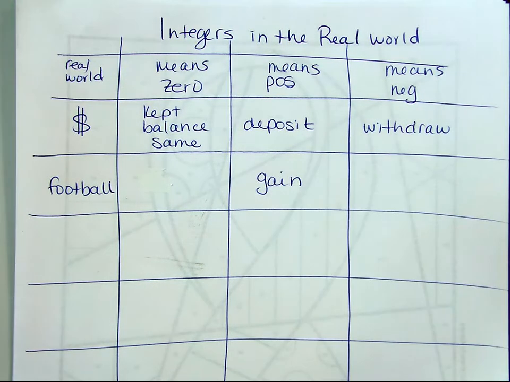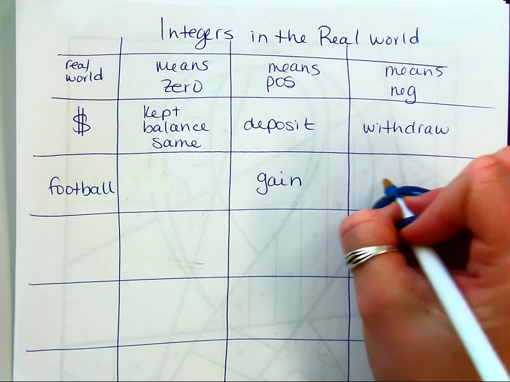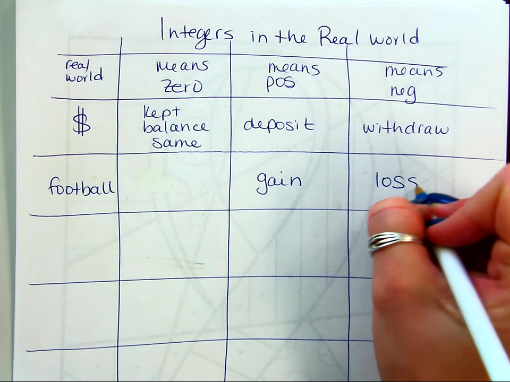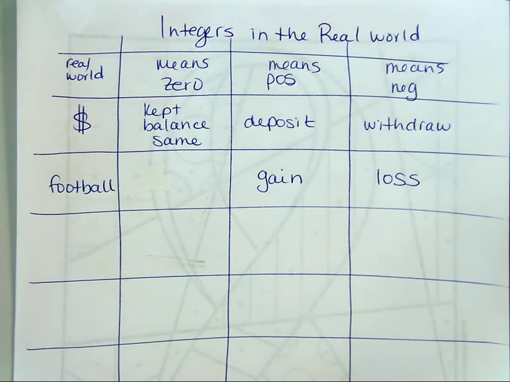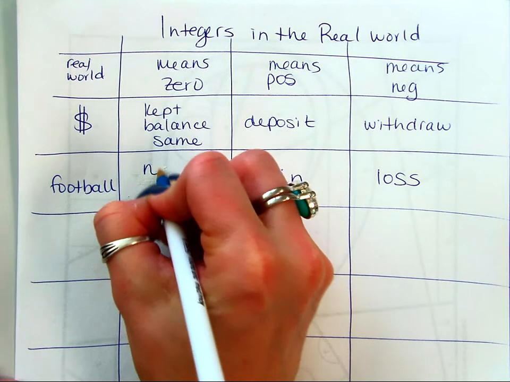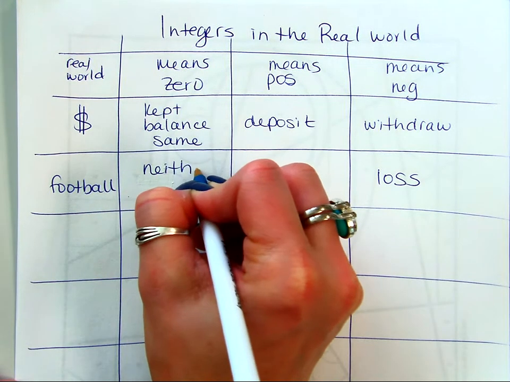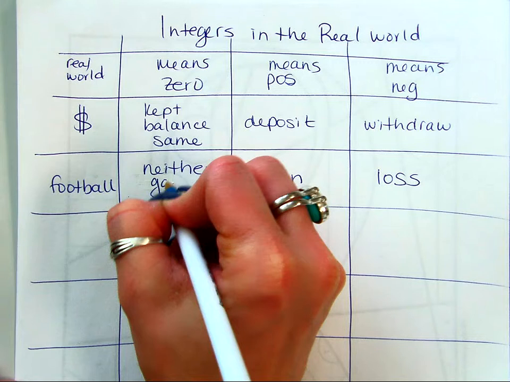But when you're dealing with a loss of yards, you guys understand what that means? You have a line of scrimmage and they push you back. You're trying to get 10 yards for every downs that you have. So this is a loss. And I don't know that they have a word that it just kind of stays the same, right? Neither, I guess. Like I said, some are neither gain or loss.